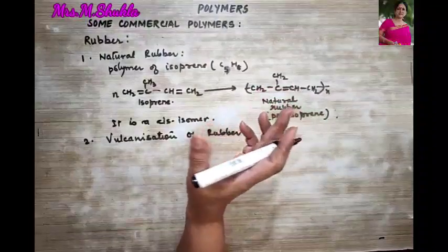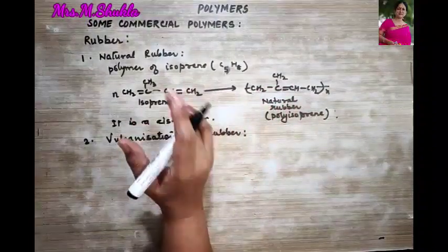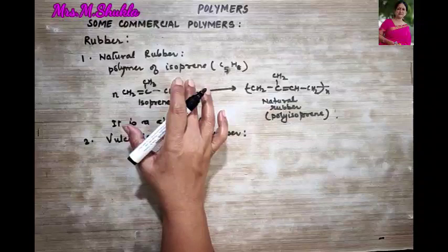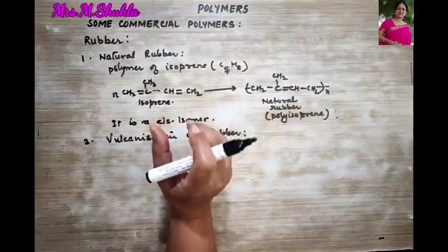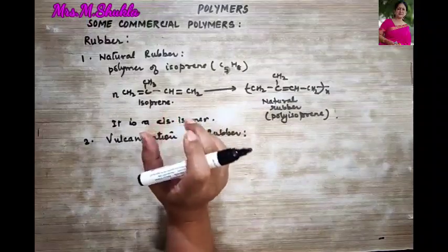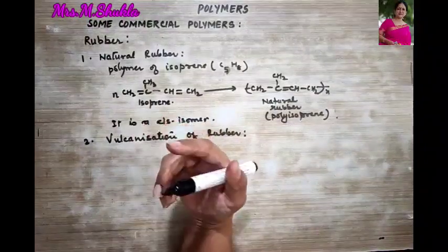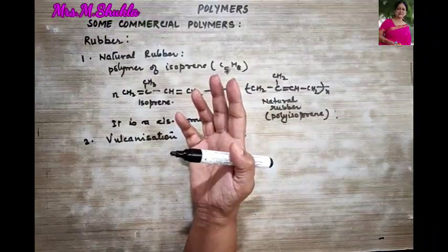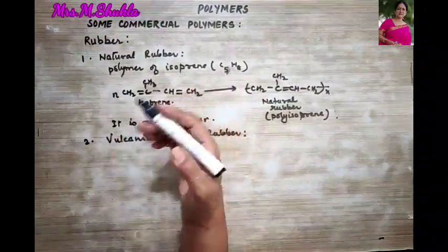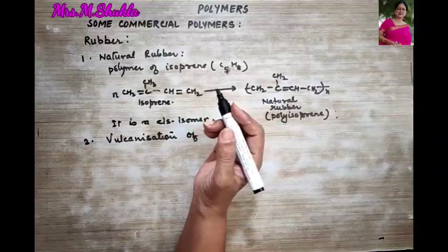Sulfur forms a cross link at the reactive sites of the double bond, and thus rubber gets more stiffened, more tight, and thus it becomes less sticky and more plastic, more resistant to swelling by organic liquid, and it also enhances its elasticity, right?